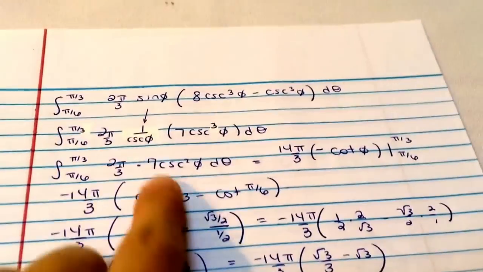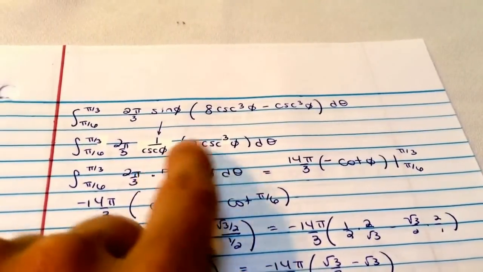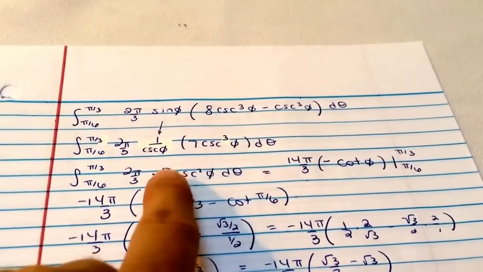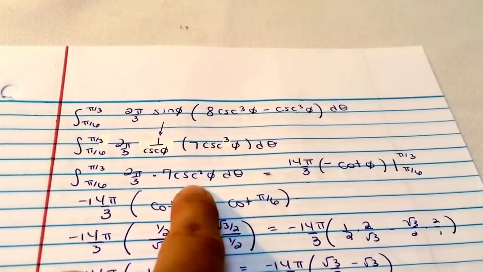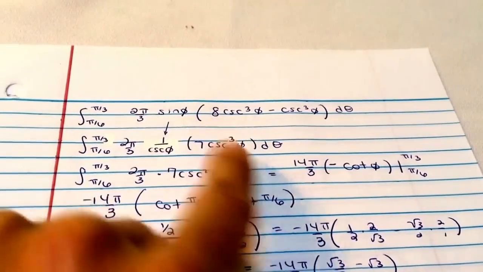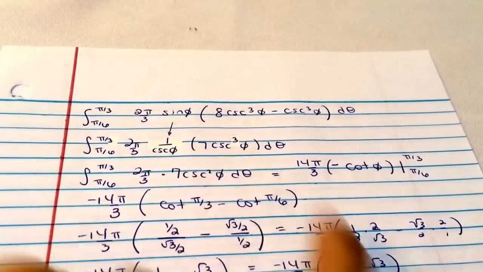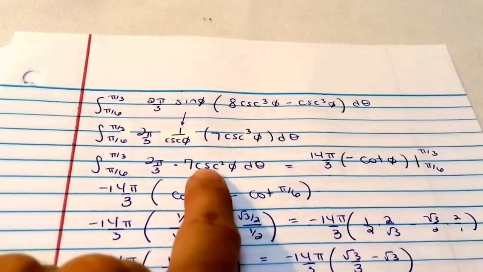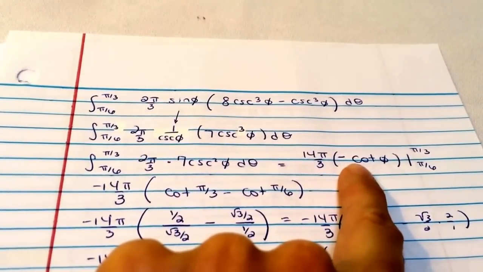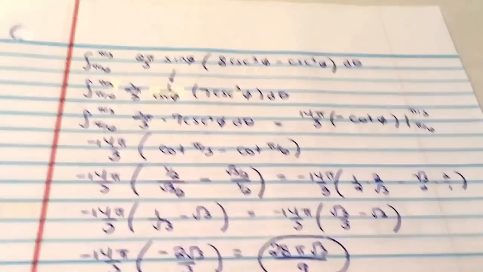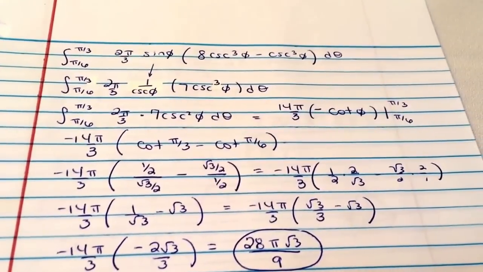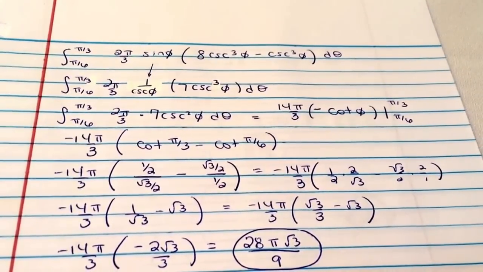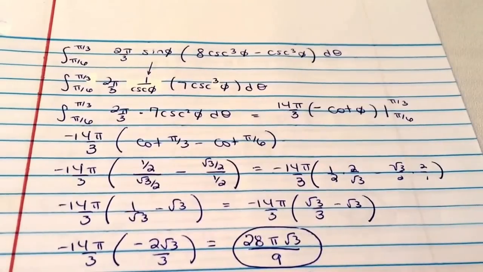If you rewrite sine as 1 over cosecant, and then here you have a cosecant cubed, you can cancel and it gets it down to cosecant squared, which you can integrate. You weren't going to be able to integrate it like that. So that's a little trick in case you didn't get that part. That makes it easier to integrate because cosecant squared you can integrate and it's negative cotangent. Okay. All right, so that's kind of messy with some fractions. I'll leave it there for just a second so you can look at it in case this crazy answer is not what you got.